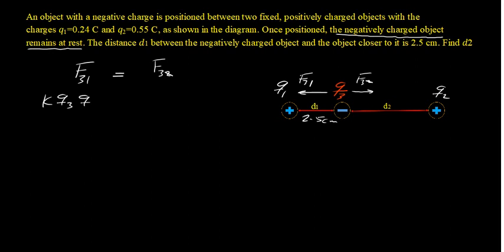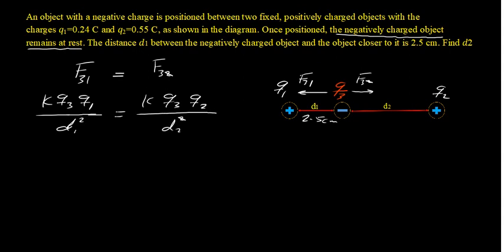From here I have K Q3 Q1 over d1 squared equal K Q3 Q2 over d2 squared.